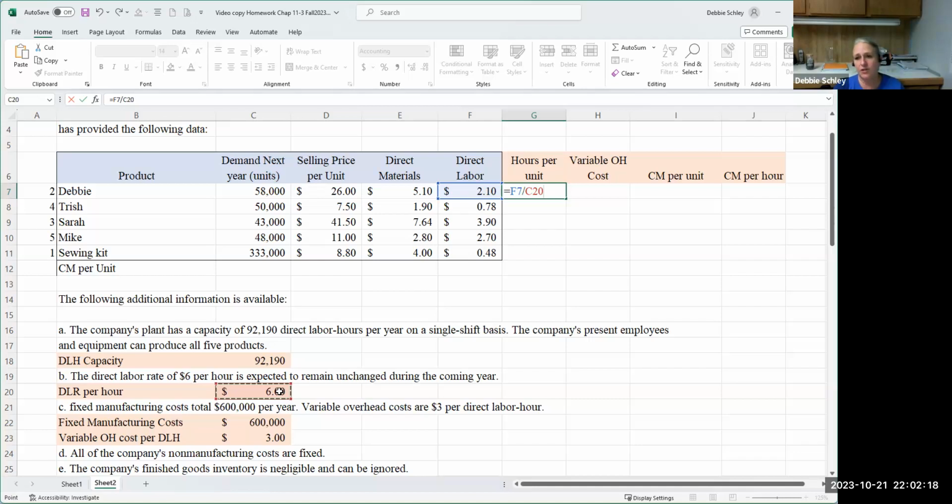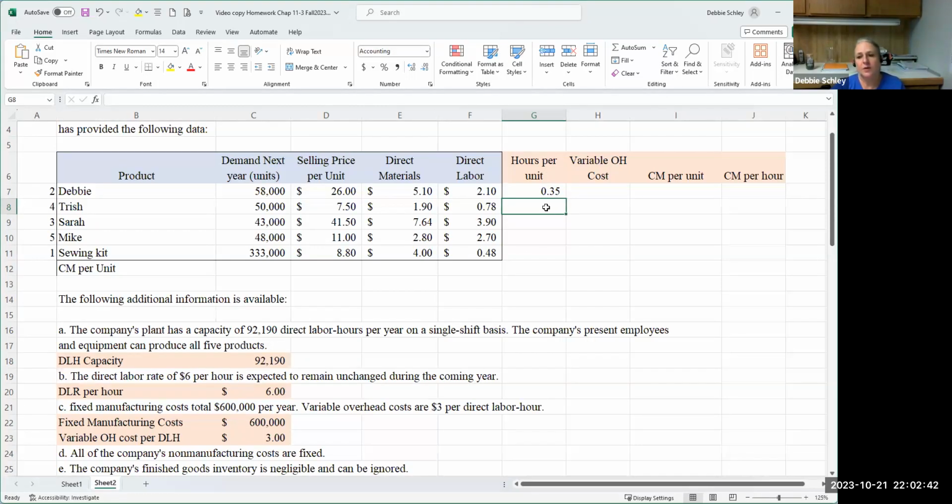Because they told us how much it costs per unit to make each one. And if I know I'm paying my employees $6 an hour, then I can take the direct labor cost per unit divided by the rate per hour that we're paying. This is 0.35 of an hour.